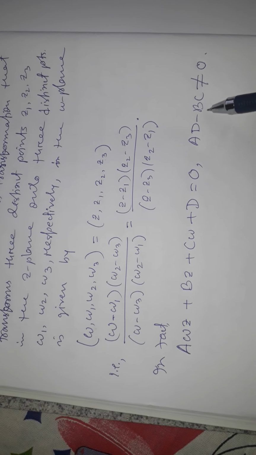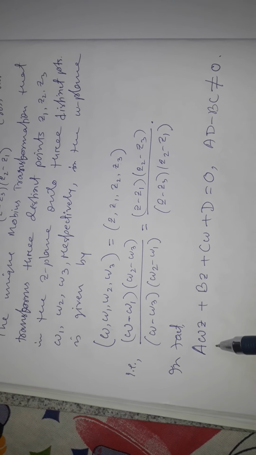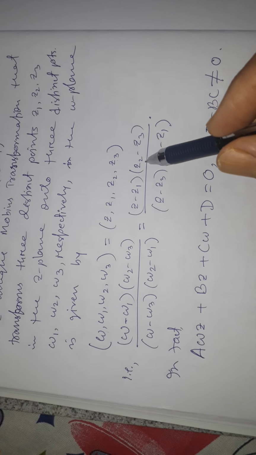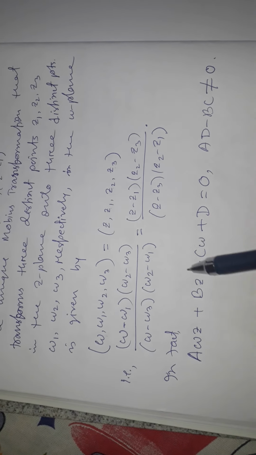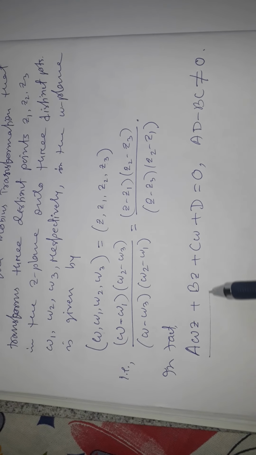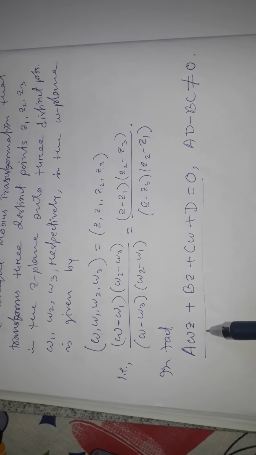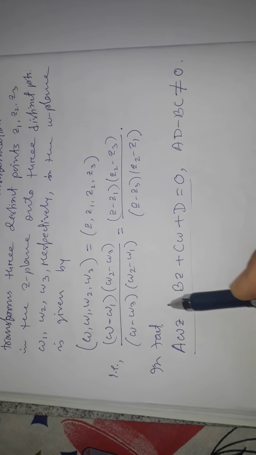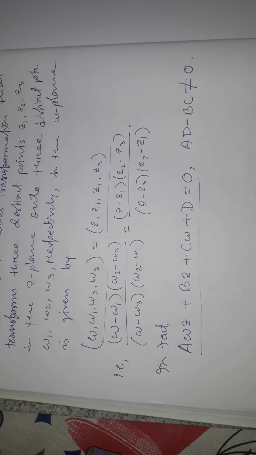Because if ad minus bc is equal to 0, then this becomes a constant transformation that we have already seen. But this is not a constant transformation because z1 is transformed to w1 and z2 is transformed to w2, distinct points, and z3 is transformed to w3. So it is not a constant transformation. I can reduce this to this form, and this is a Mobius transformation because we have already seen that this is an equivalent form of the Mobius transformation. So we have seen that this preservation of cross ratios gives a Mobius transformation.